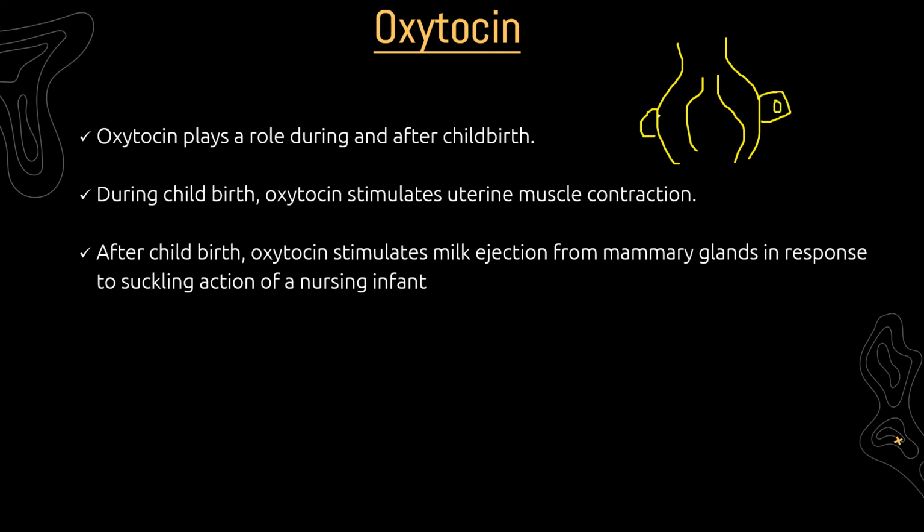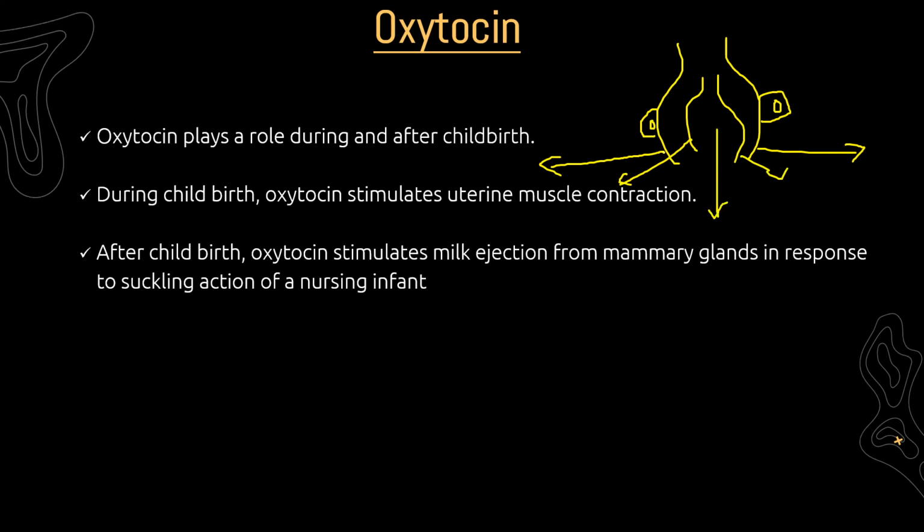So who will come and attach to that? Oxytocin will come and attach. The moment oxytocin attaches, what happens now? The uterine muscles start getting expanded. In this way, it will start getting expanded. When the uterus is getting expanded, the vagina, being a smooth muscle, starts expanding. As a result, the baby starts coming out, especially the head region.